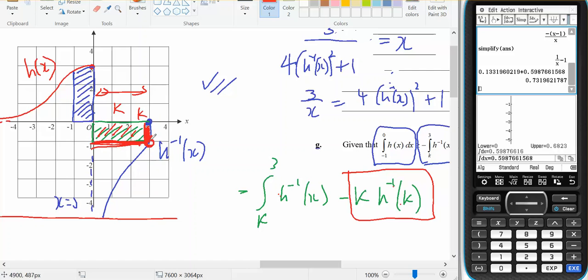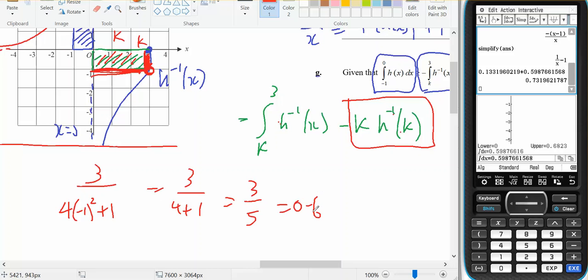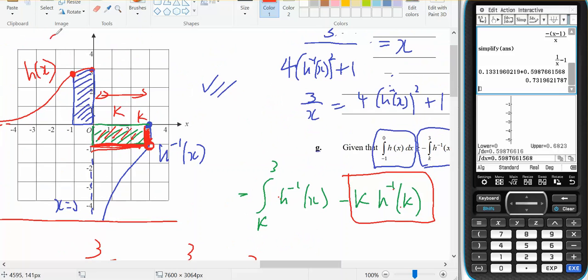So this point here is this point here. If I put negative 1 into 3 over 4 times negative 1 squared plus 1, 3 on top of 4 plus 1, 3 on top of 5, or 0.6, then that point there is negative 1 and 0.6, which means k has to be 0.6.